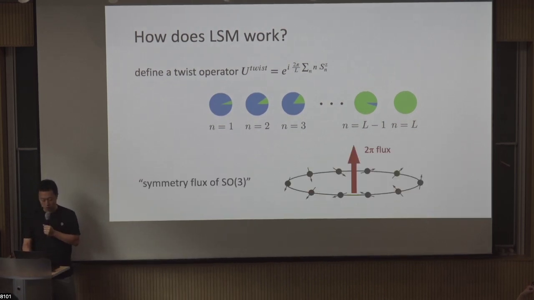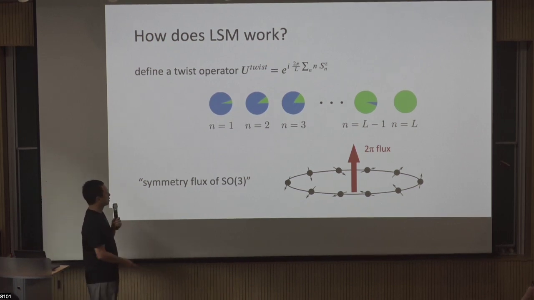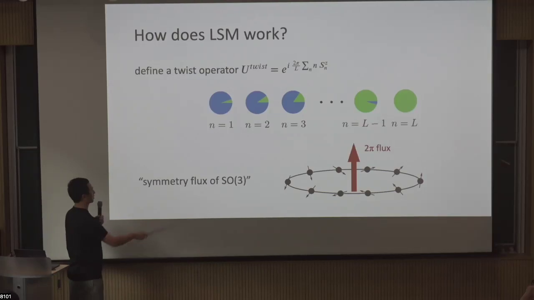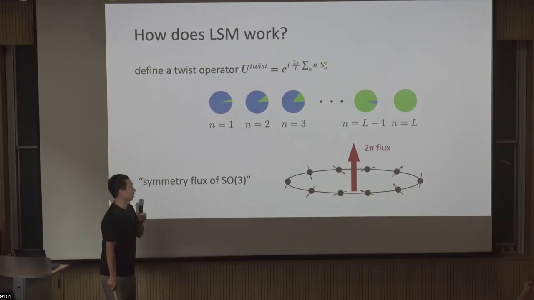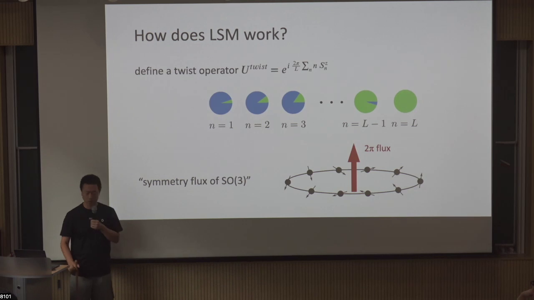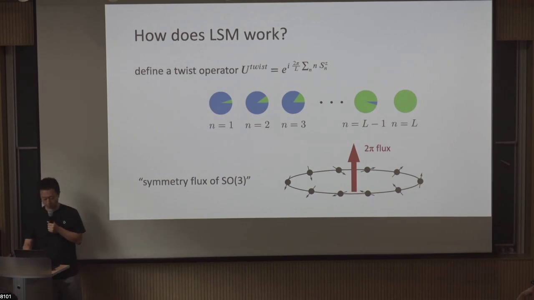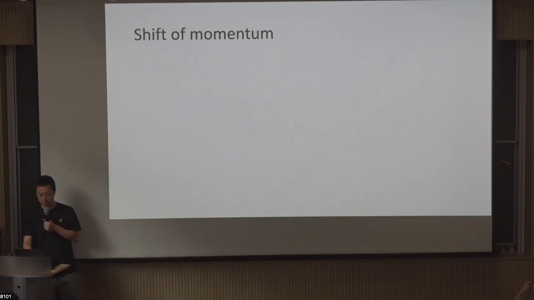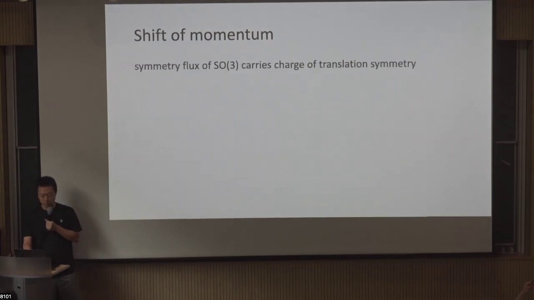Now we need to show that this symmetry flux is actually the symmetry flux of the U(1) subgroup of SO(3), but that's just the flux of the symmetry. Let's show it carries some charge over another symmetry, which will be the translation symmetry. So what we really want to say is this 2π flux carries momentum.